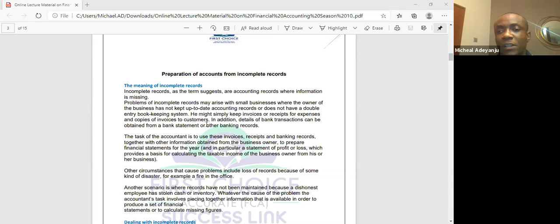So he might also simply keep invoices and receipts for expenses and copies of invoices to customers. However, the details of bank transactions can also be obtained from the bank and other banking records. What that implies is that although this person is not keeping proper records, he keeps receipts or copies of invoices to customers, and we can use that to determine some of the line items we are looking for, or we use our bank statement to determine a lot of line items that are not complete in the accounting system.